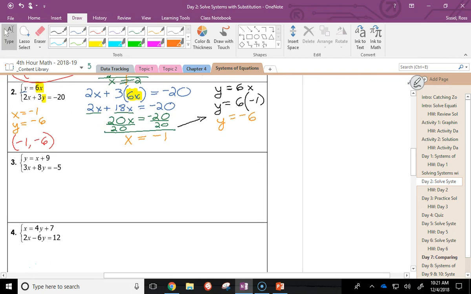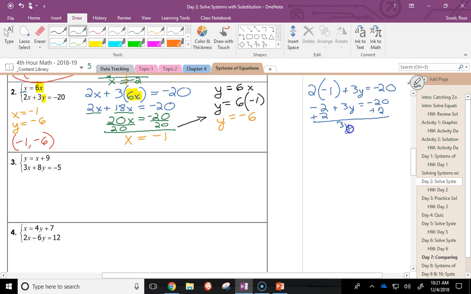Alright, I'm going to show real fast. I'll just do the work. Kate's right. I could have done this. And that's the one nice thing. There is not a wrong method. It's just which one's easier. This would have become negative 2 plus 3y equals negative 20. Or added 2.